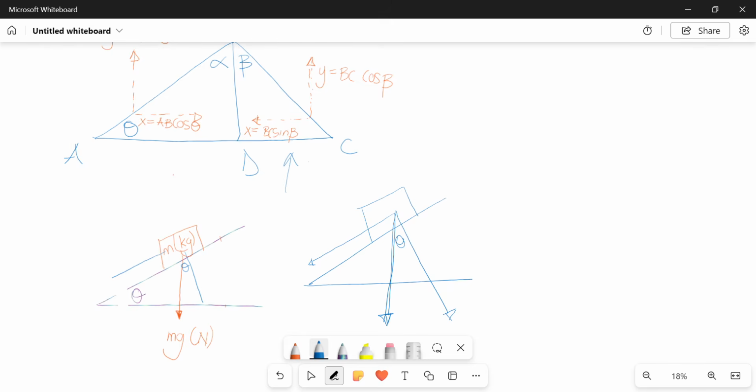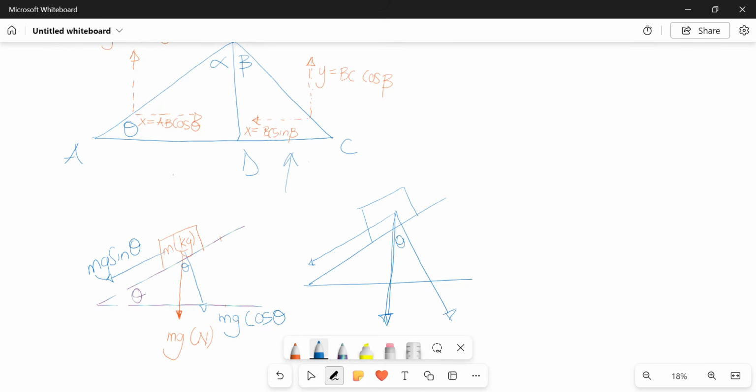Because of this, we express this as our mg cos theta, and this as our mg sine theta.